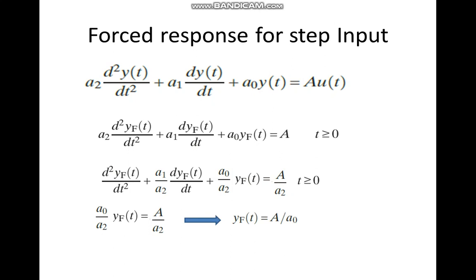And the derivative of yf with respect to time is equal to 0 because A over a0 is a constant and the derivative of a constant is 0. Similarly, the second derivative of yf with respect to time is also 0 because the derivative of 0 is 0. Therefore, the forced response of the step input is equal to the value of the step input divided by the coefficient along with y in the original second order differential equation, this one.